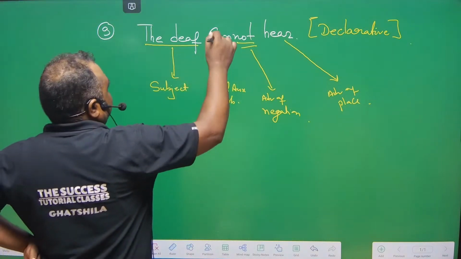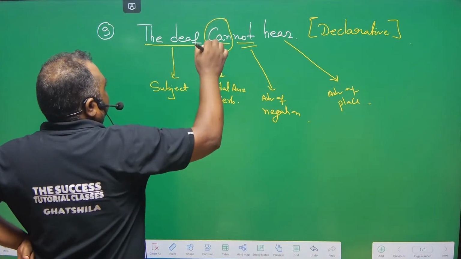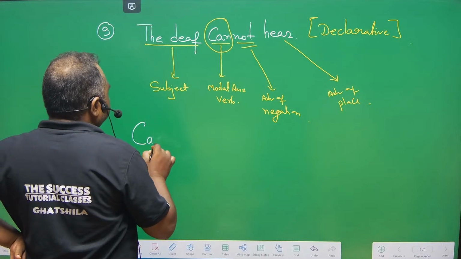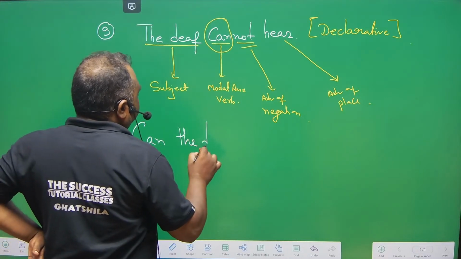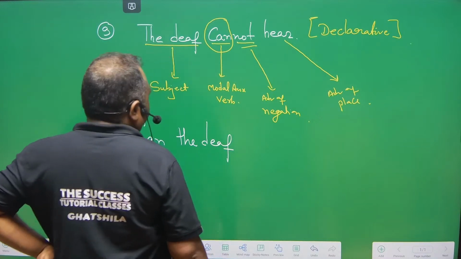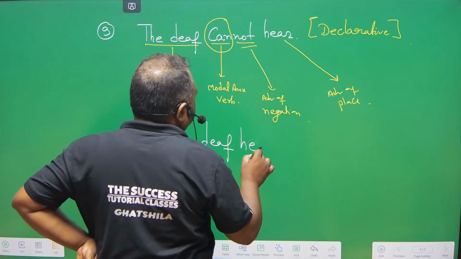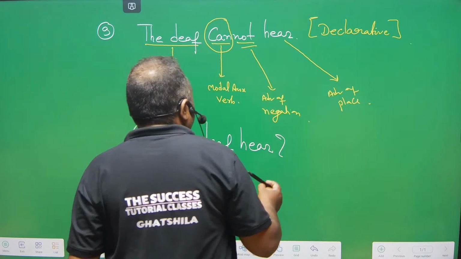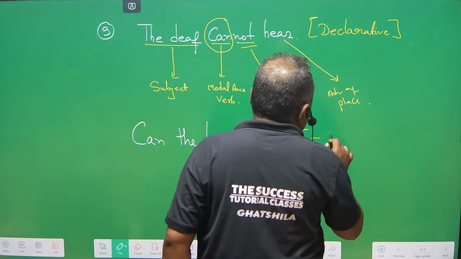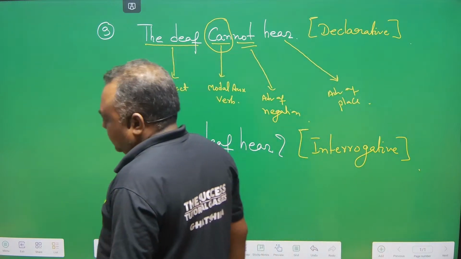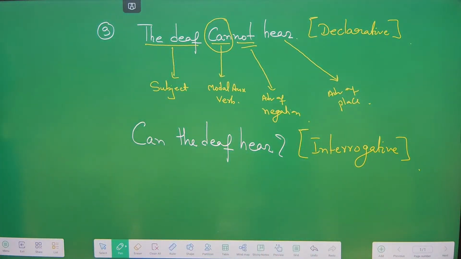So you have to start the interrogative form from this modal auxiliary verb. Can the deaf, and you must omit this negative word. Can the deaf hear? Question mark. So this one is in interrogative form. Can the deaf hear?